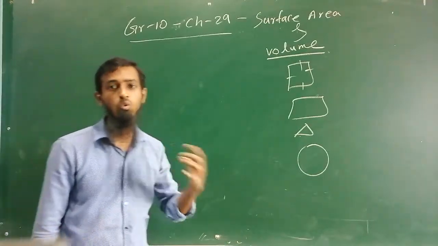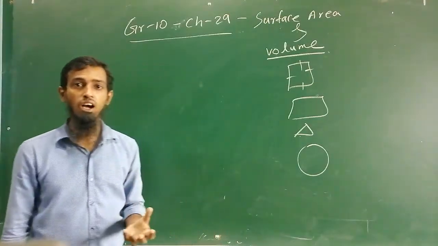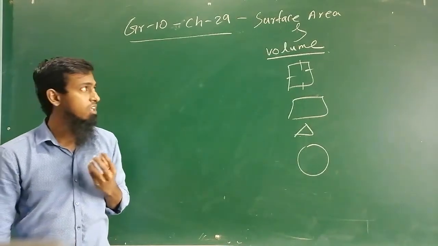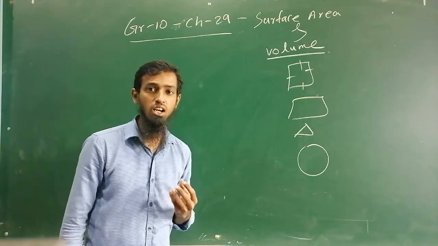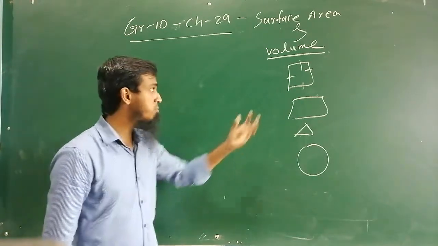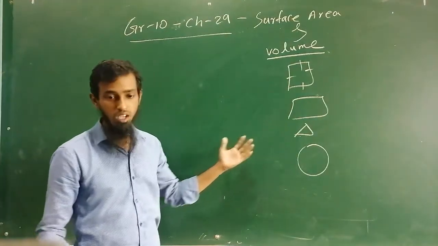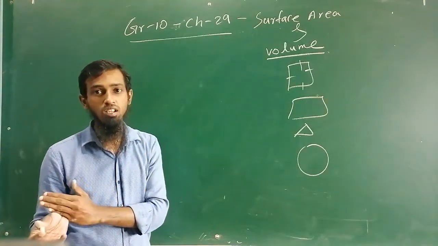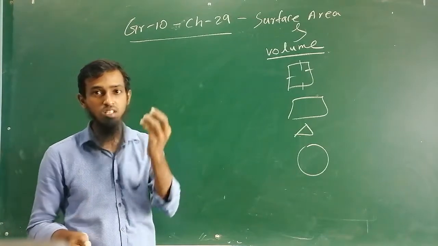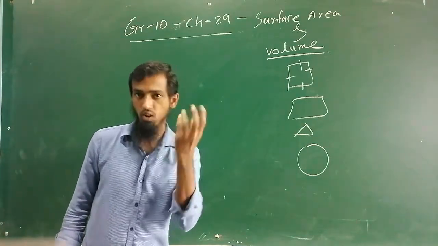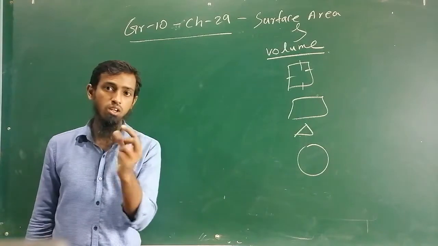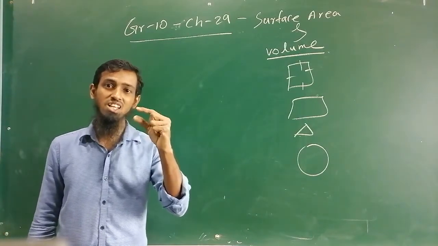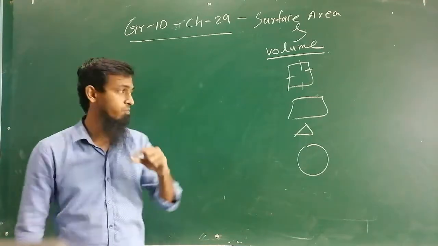Now we are going to move on to find the area of solid shape figures. How are solid shape figures created? By combining plane figures, we can easily create solid shape figures. If you imagine a cube, we all know a dice, which consists of 6 faces.